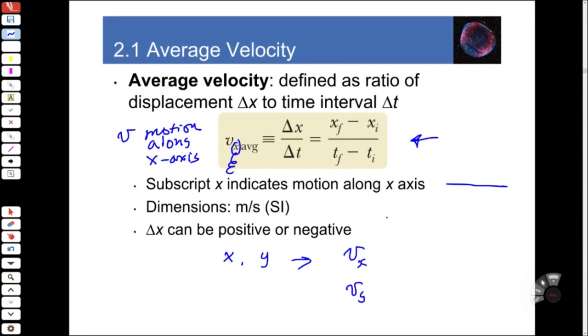Here you see delta x, which is xf minus xi, can be positive or negative. It means average velocity can be positive or negative. We call v a vector, so it can be either plus or minus. It can be moving along the plus axis, moving forward, or moving backward.